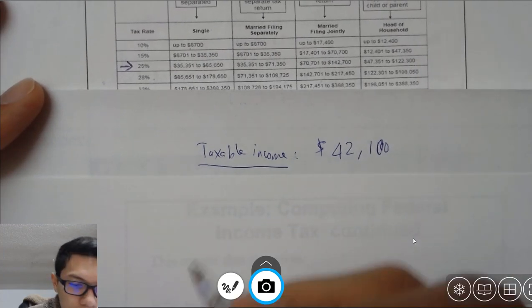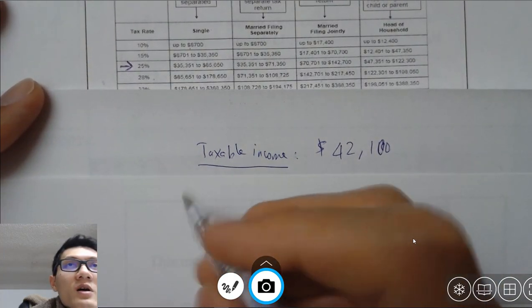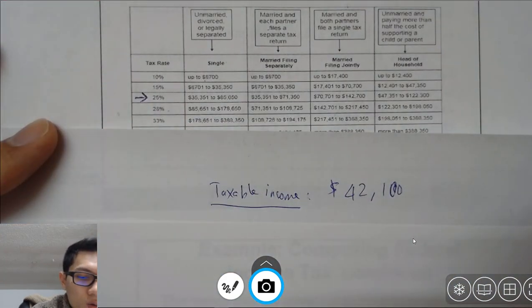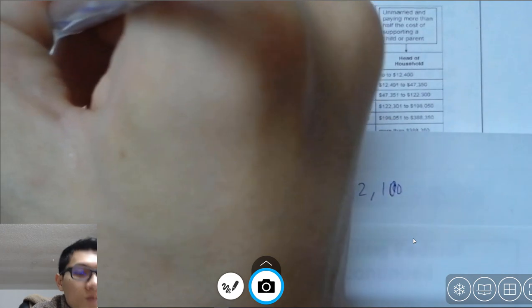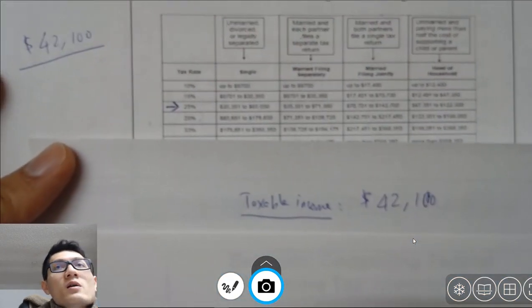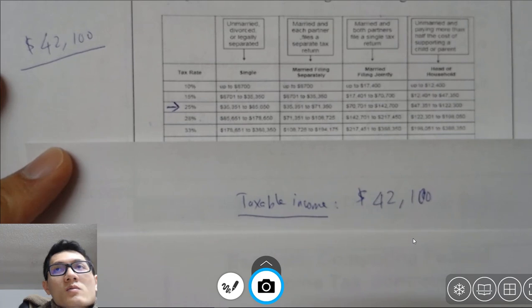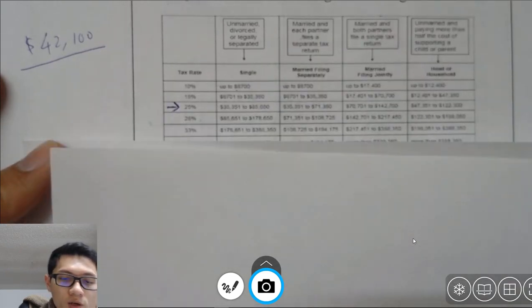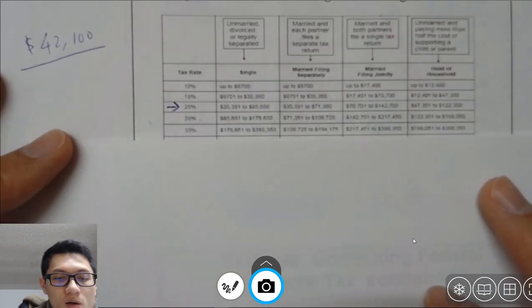Let me write 42,100. This is her taxable income. All right, so now let's see how to find her tax computation.